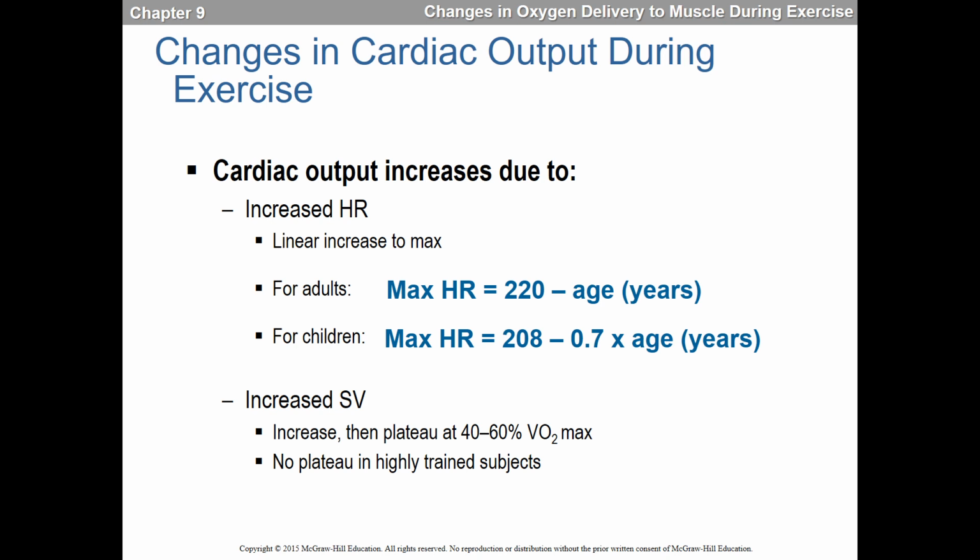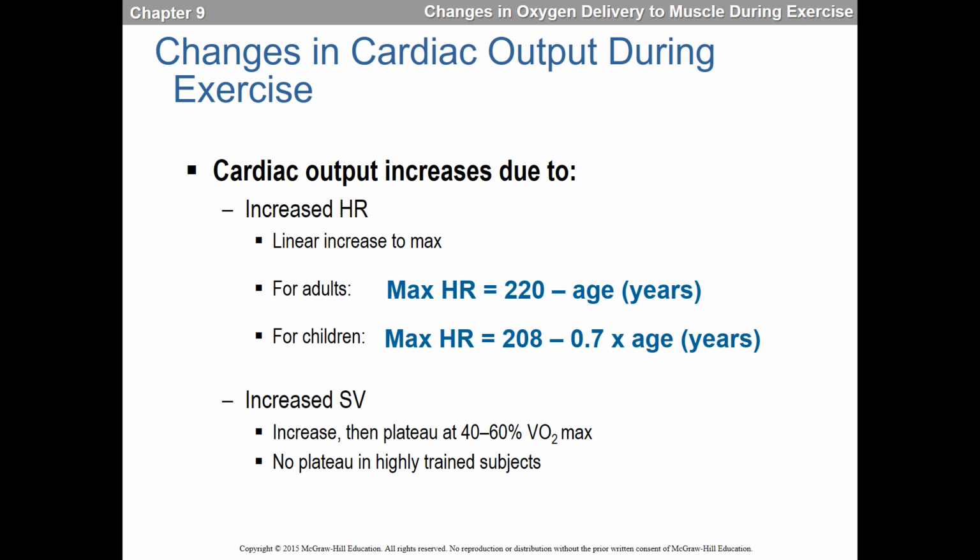It's 220 minus your age, and the standard deviation on that is plus or minus 12. So for those of you that are interested, my max heart rate is around 180, 181 maybe. And if you do the math there, I'm quite a bit younger than what it would actually say that I am. But I'm getting older every day, so that's good.